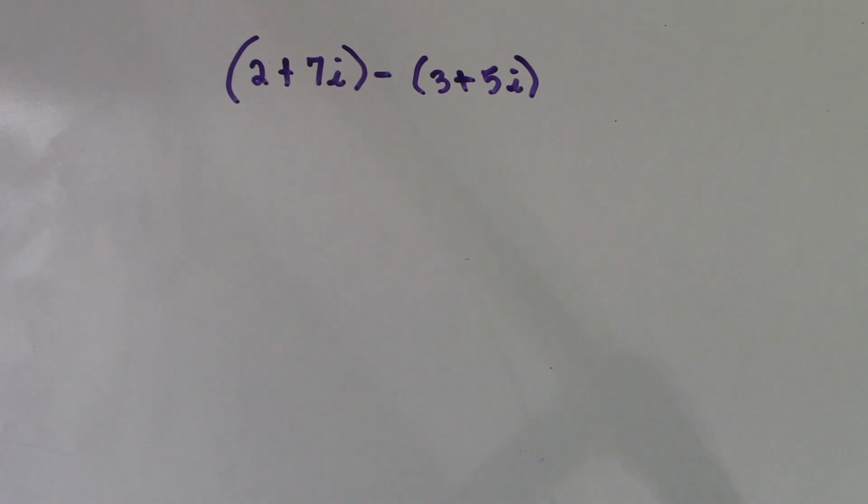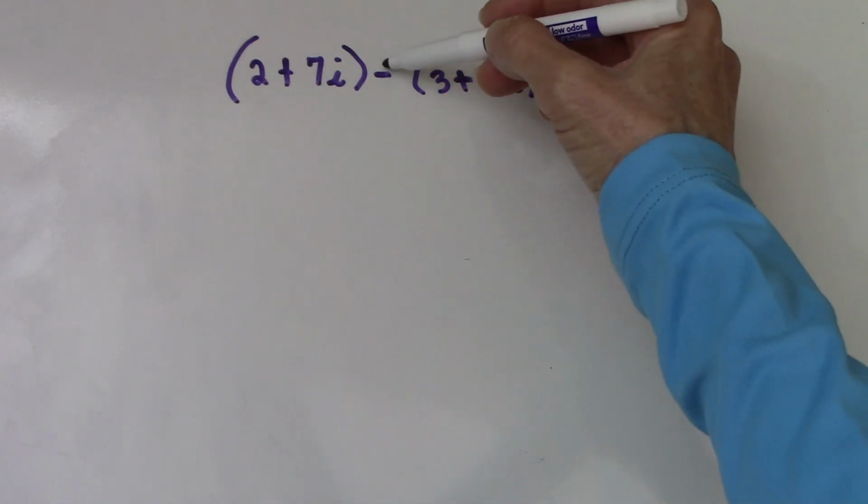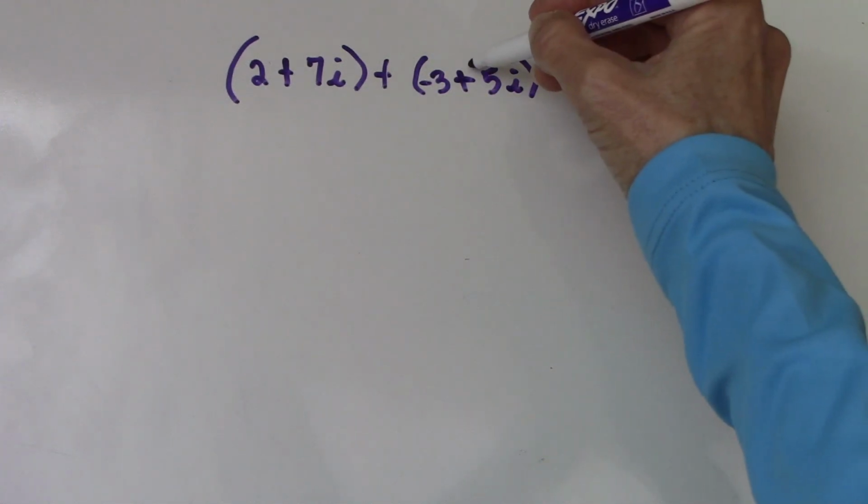Now let's suppose we're going to subtract a complex number. If our first complex number is 2 plus 7i, then we're going to subtract the complex number 3 plus 5i. Instead of subtracting, I'm going to multiply through by the negative and change the signs here.